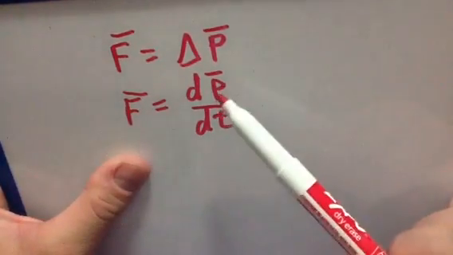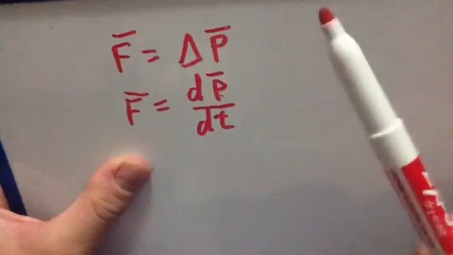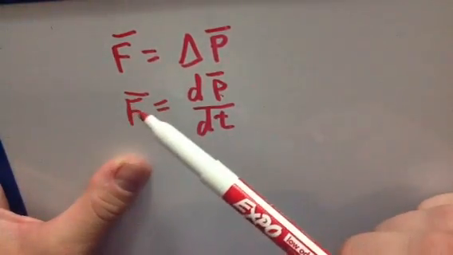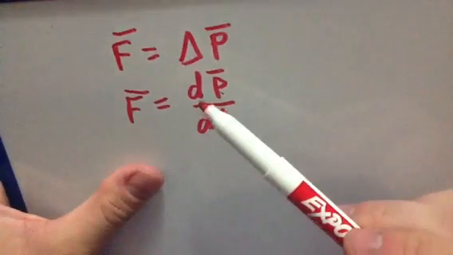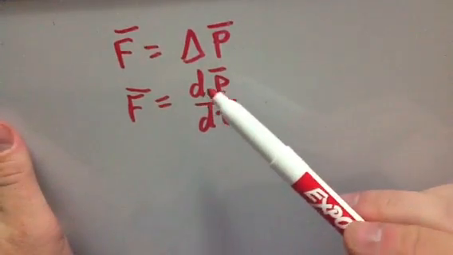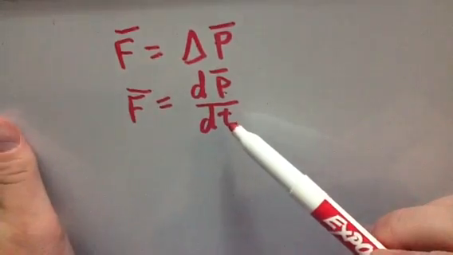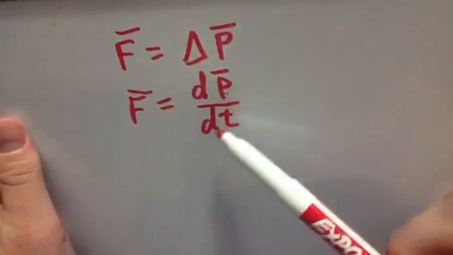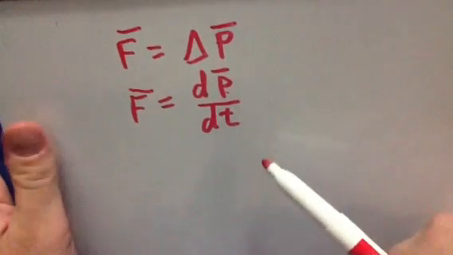In order to change momentum, I'm going to have to apply some sort of force. Or you could just look at these d's as a change in momentum with respect to time. I need to apply force to change the momentum, and time is changing as well.